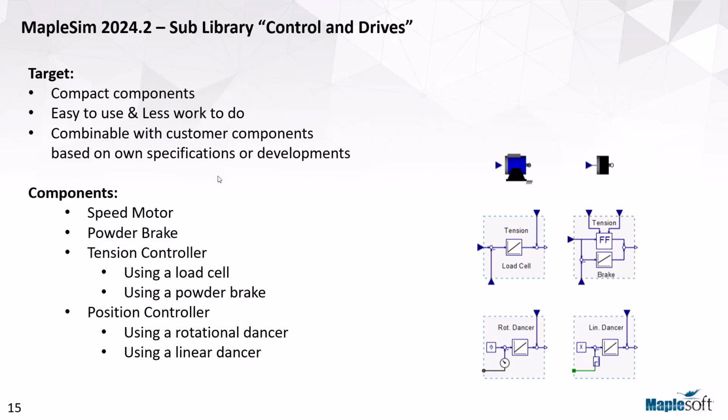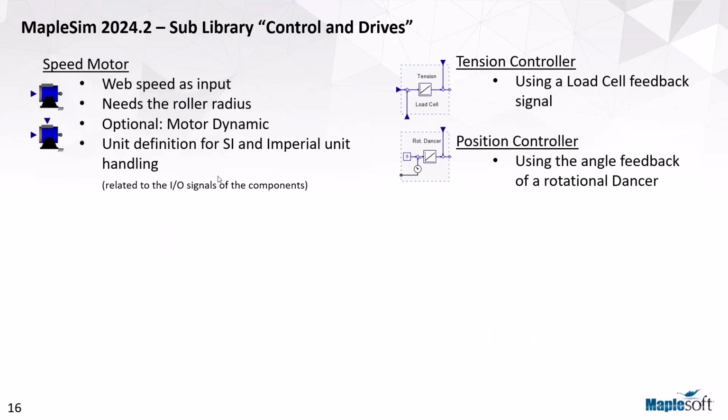And how can these components be used? At first, the speed motor needs the line speed, the web speed, as an input signal, and so it's clear that the user should define the roller radius or can turn on a second input signal for an external radius, which means you can combine it with a winder or an unwinder component.